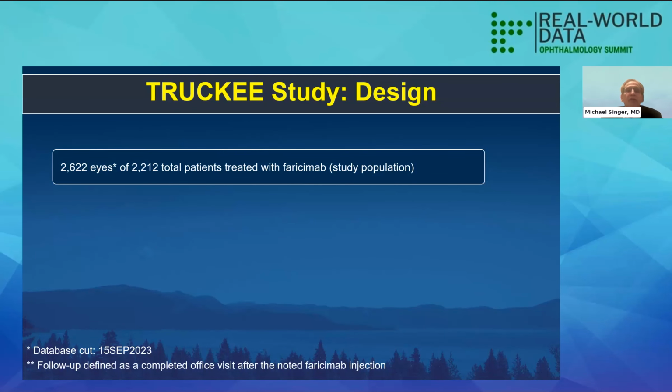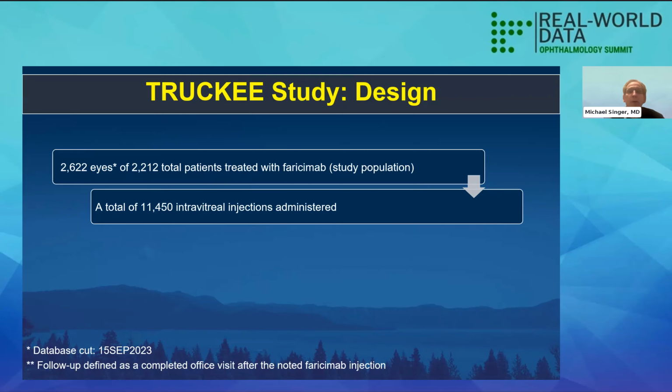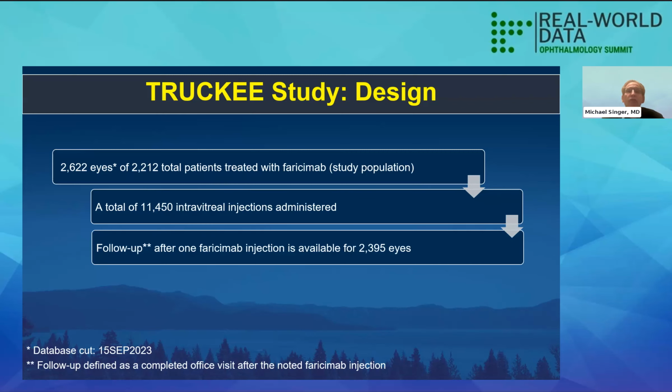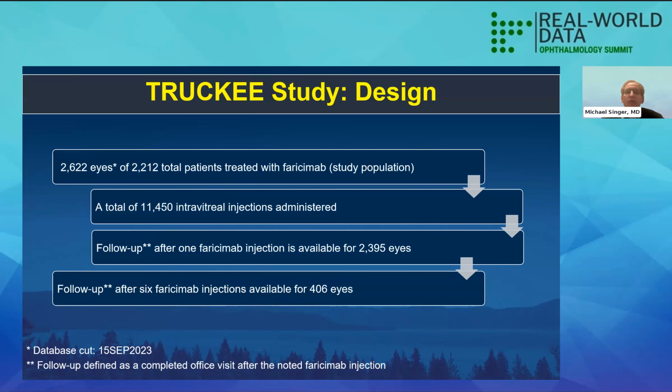2,622 eyes of 2,212 patients were treated in our study population. 11,000 injections were administered. Follow-up was available for about 2,300 eyes. Follow-up after 6 injections was available for 406 eyes.